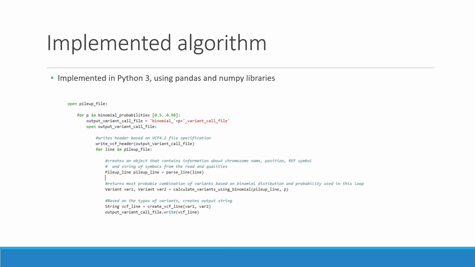Based on those values it calculates, using binomial distribution, the variant calls, and then writes the line to the VCF file, and then does it again for the next pileup line.